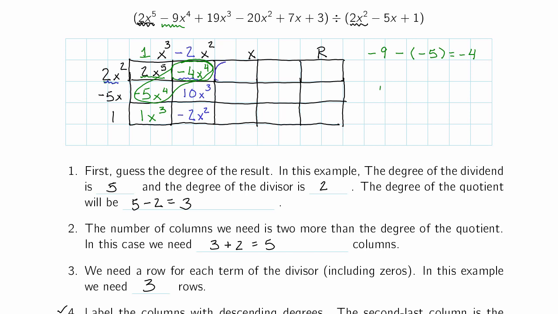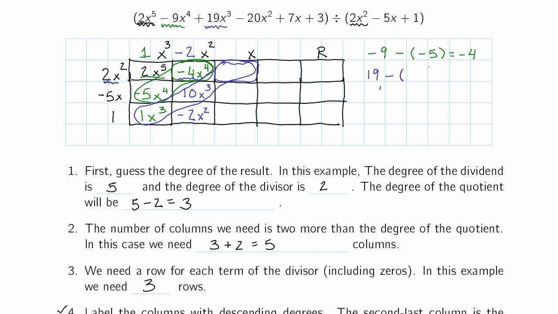Now here's the top box in the next column. It's on this diagonal. So this diagonal is x to the 3rd. It needs to add up to my x to the 3rd term, which is 19x to the 3rd. So I take my 19 and subtract what I already have along here.